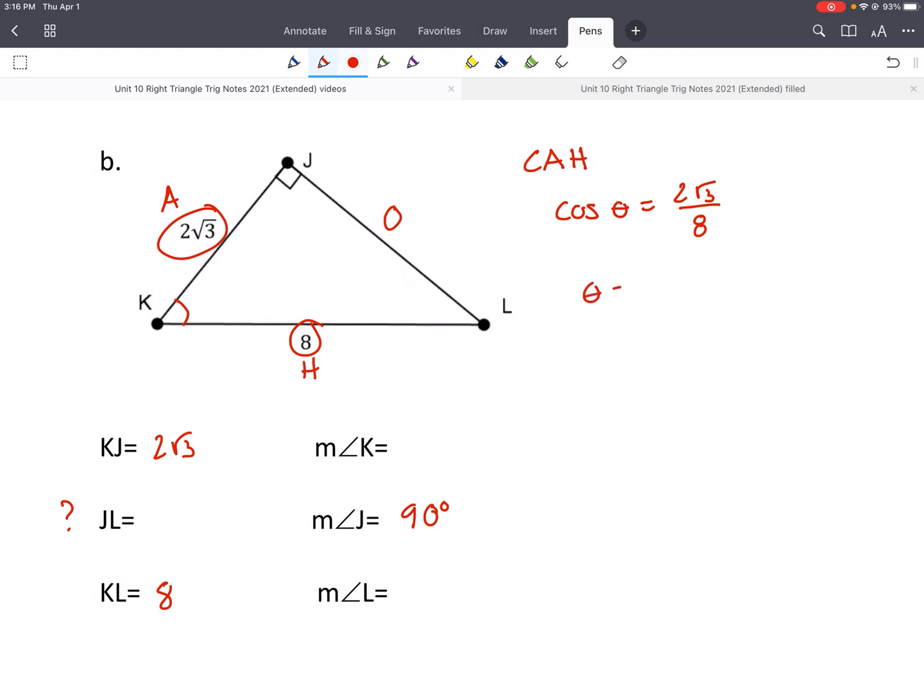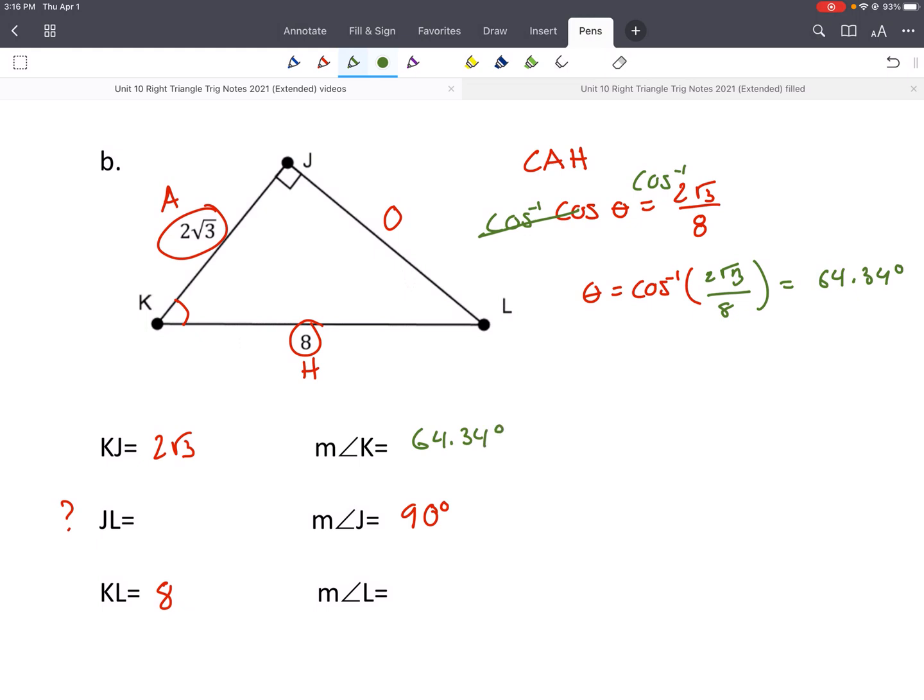To get the cosine away, we'd use cosine inverse of both sides. Cosine inverse and cosine cancel. So theta equals cosine inverse of 2 square roots of 3 over 8, and that would end up giving us 64.34 degrees.